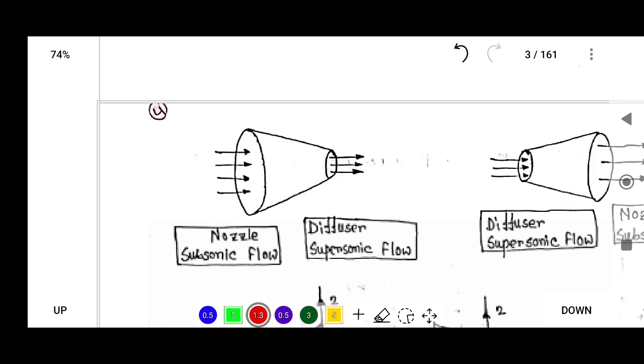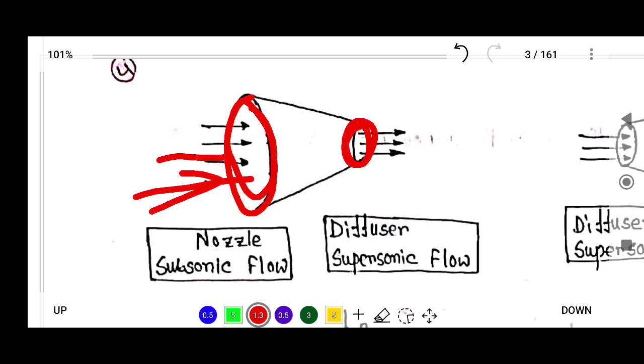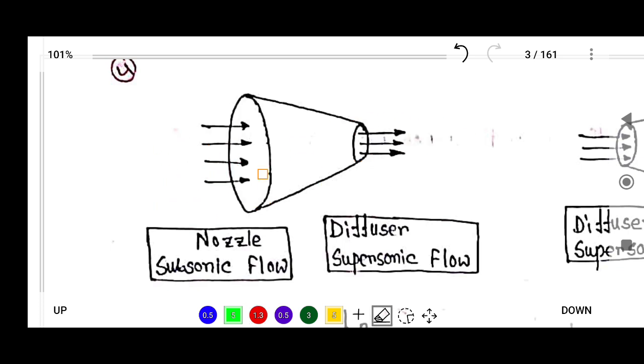Here, this is the symbol of a nozzle. There is an inlet and there is an exit. Inlet means where the fluid is entering, and exit means where the fluid is going out. In a nozzle, the inlet area is larger than the exit area.